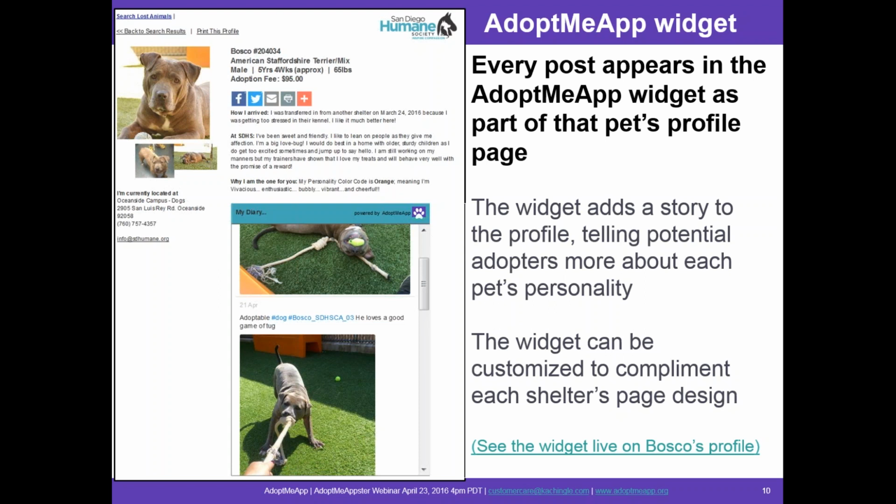So the other thing about the pet profiles is that part of AdoptMeApp is that we've got this little snippet of code that can get added to the pages that adds this diary widget, which turns these pages, which have traditionally just been a couple of photos and a paragraph or so written sometime in the few weeks after the animal arrived, and some vital stats.